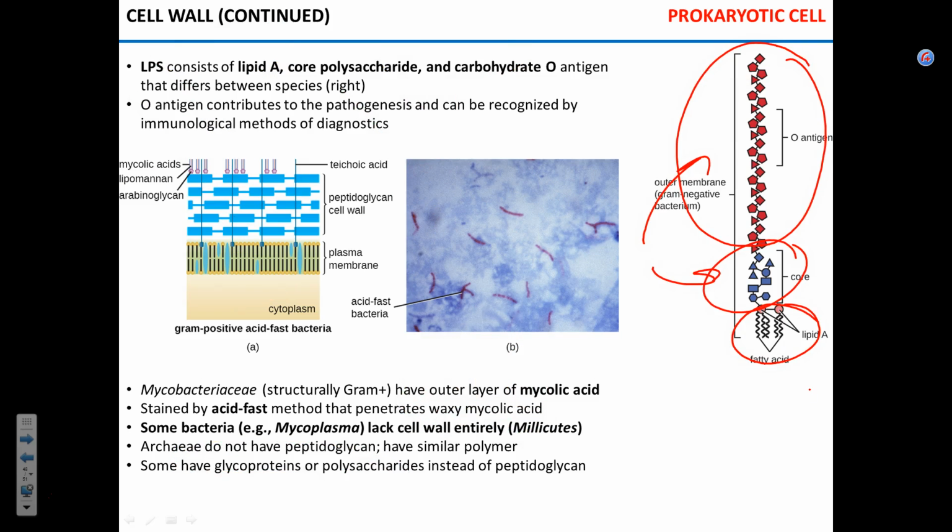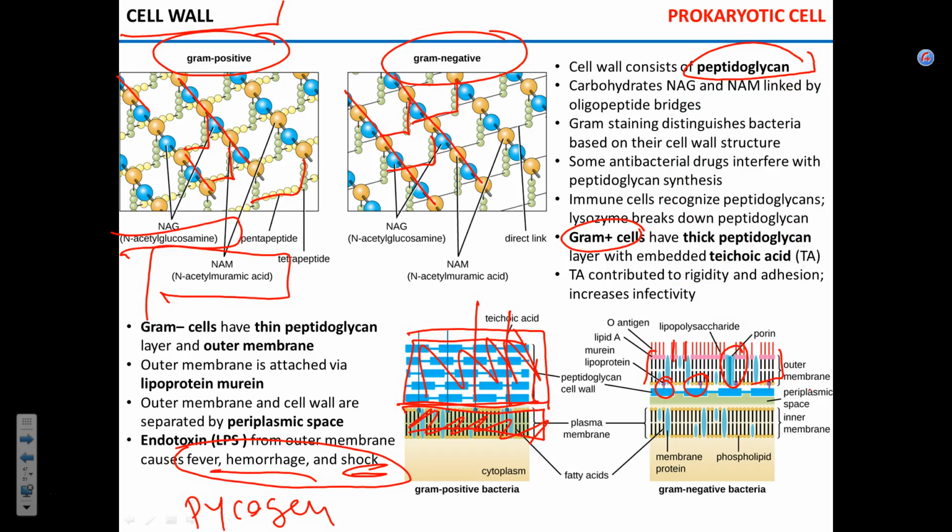Now, why do we pay so much attention to gram-positives versus gram-negatives? Why do we pay so much attention to the staining? Well, you can see that the structures are very, very different, right? It turns out that drugs like penicillin and its derivatives, vancomycin and its derivatives, interfere with the synthesis of the cell wall.